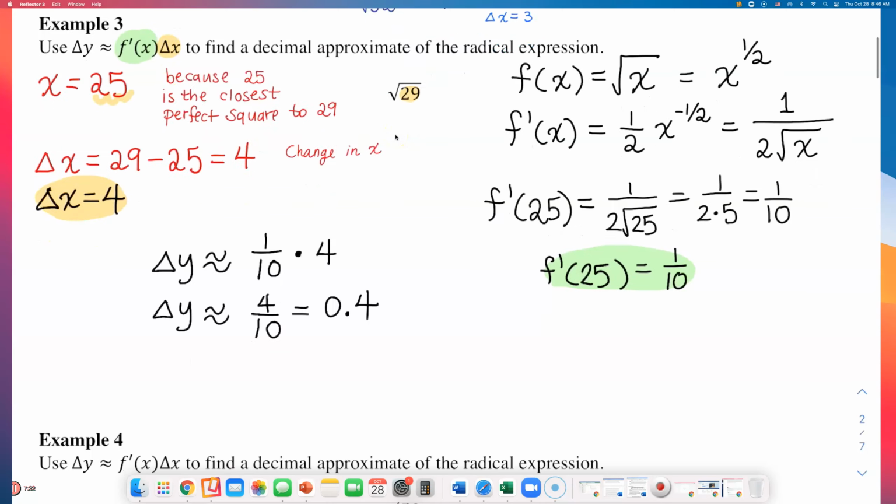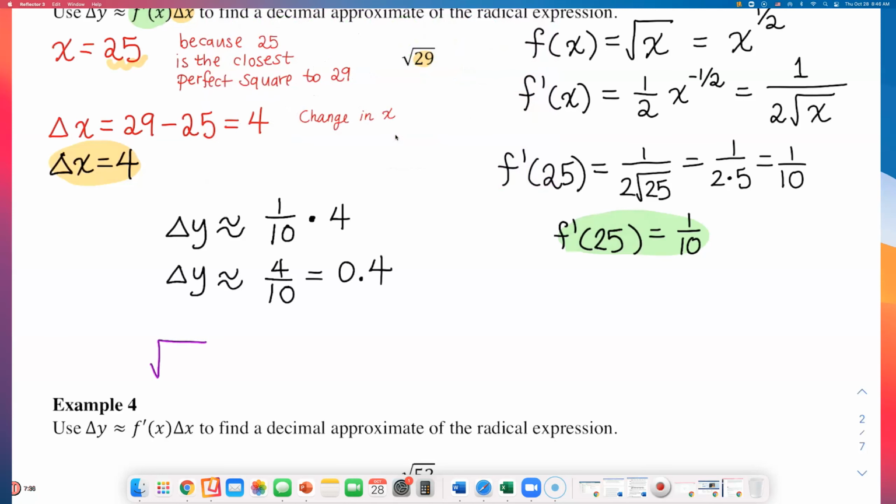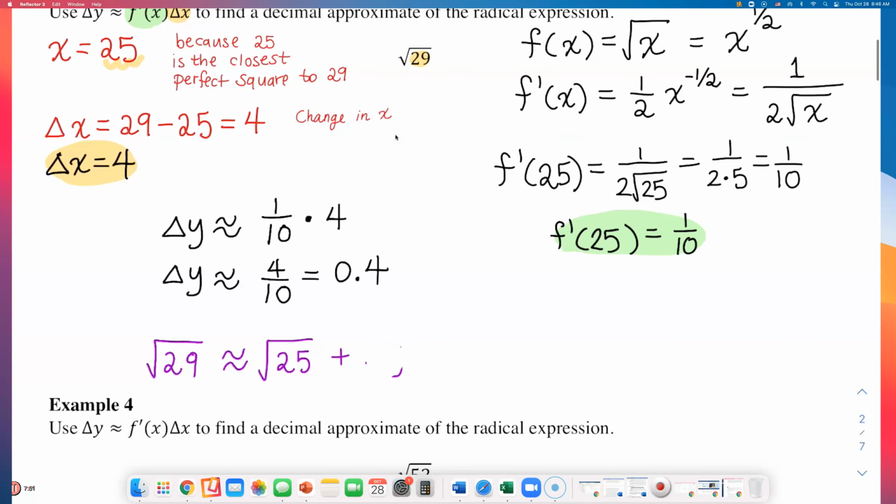Take a look at this for me. I'm going to say that square root of 29 is approximately square root of 25 plus delta y, the change in y.